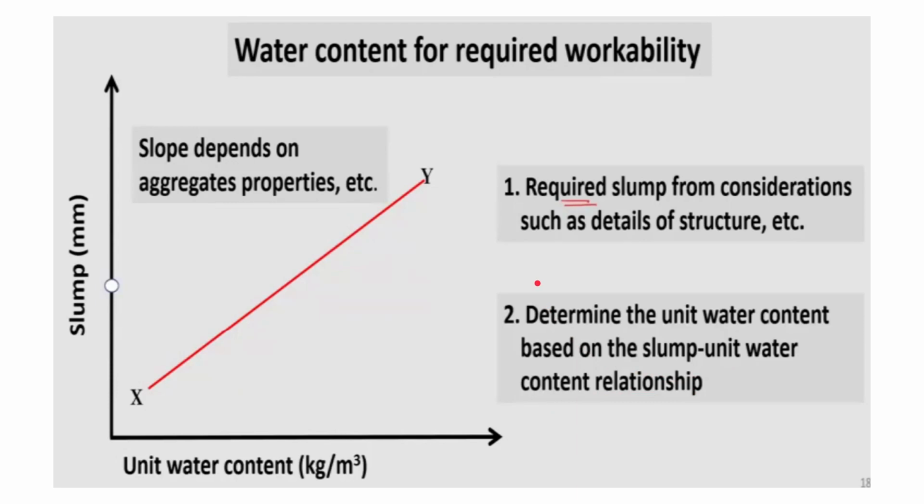In IS 10262, the value of water content is given for 50 slump, and it has to be increased at a rate of 3% for every 25 of slump. Similarly, if the slump is less than 50, it has to be reduced by 3% for every 25. Based on this criteria, those rules have been formulated.